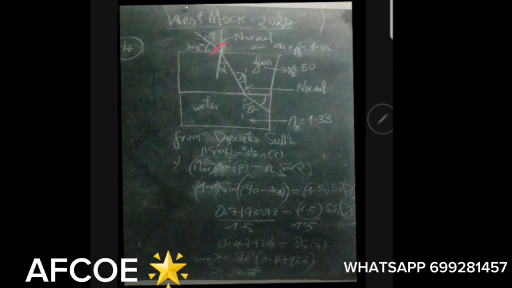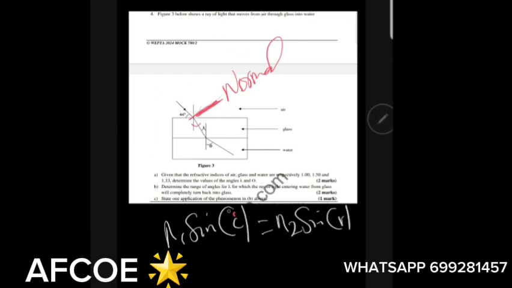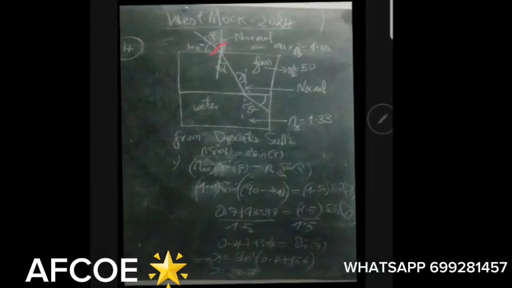Now if we go ahead and apply Descartes' Snell's law, we get n of air, the first n1, times sine of i, which is now beta, equals n of glass times sine alpha.